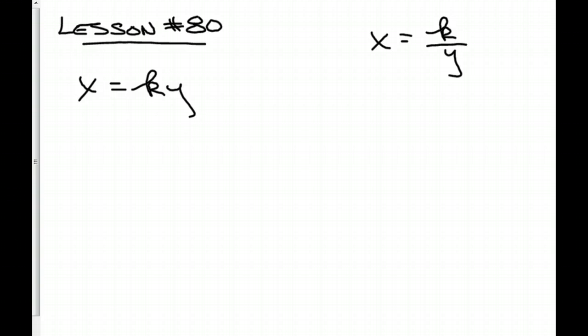All right, so I'm going to erase the one on the right here for right now. We'll do those later, and let's stick with the direct variation. So this has to do with ratios. That's why there's a little bit of a tweak in here as far as how these are done. Let's look at example 80.1 on page 331.